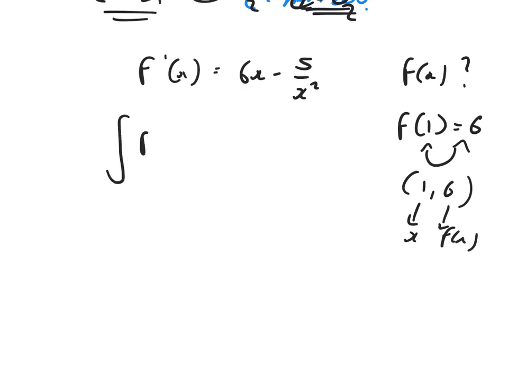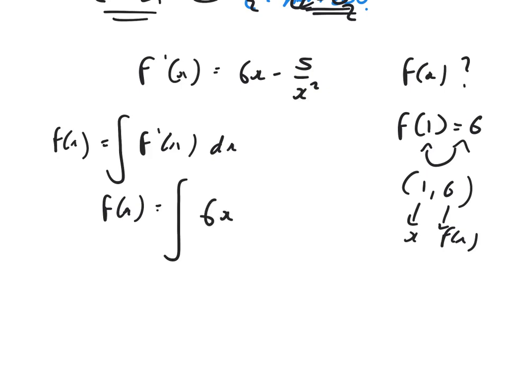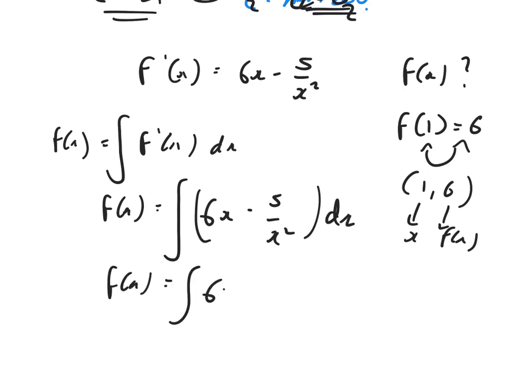Okay, so the integral of f dashed x will give me the original function f of x. Okay, so that's the integral of 6x minus 5 over x squared. Let's prepare to integrate with this one. So 6x minus 5x to the minus 2.